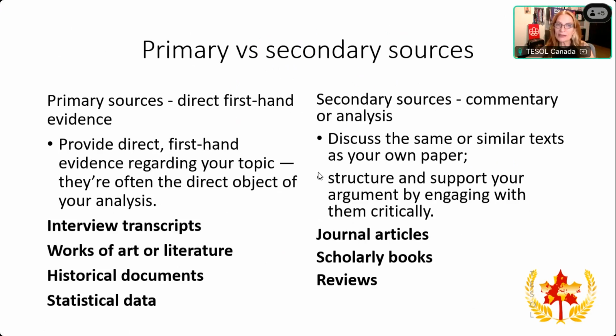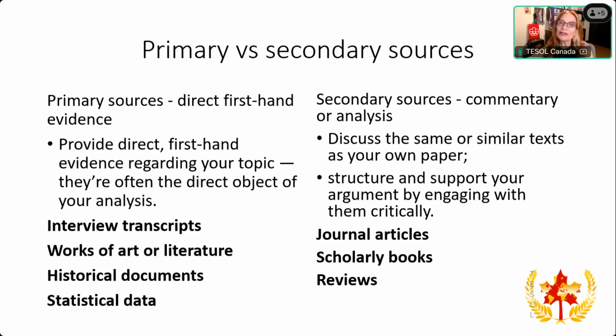Now, primary and secondary sources. The primary sources are the first-hand evidence. They provide direct first-hand evidence regarding your topic. Usually you will find them in interview transcripts, works of art or literature, historical documents, and statistical data. The secondary sources are what you're going to produce.